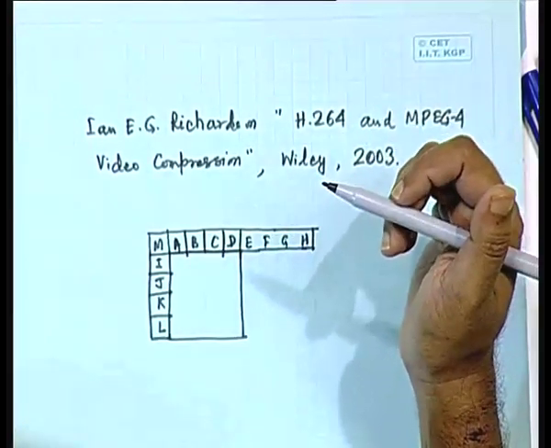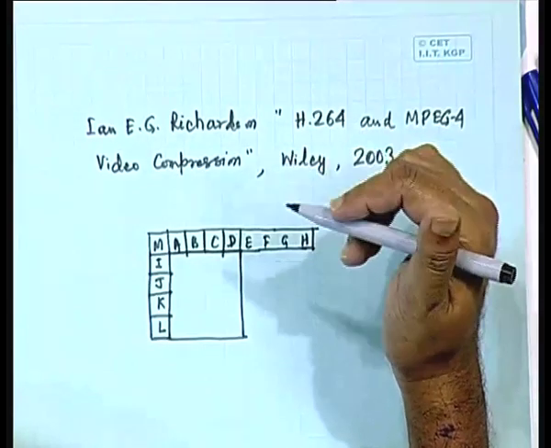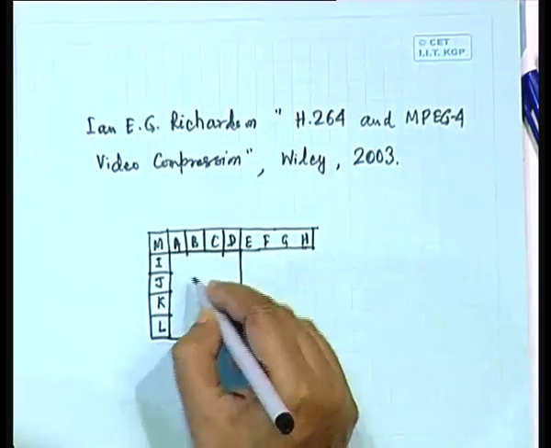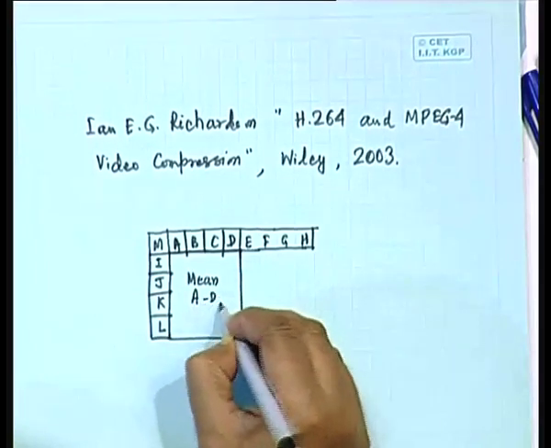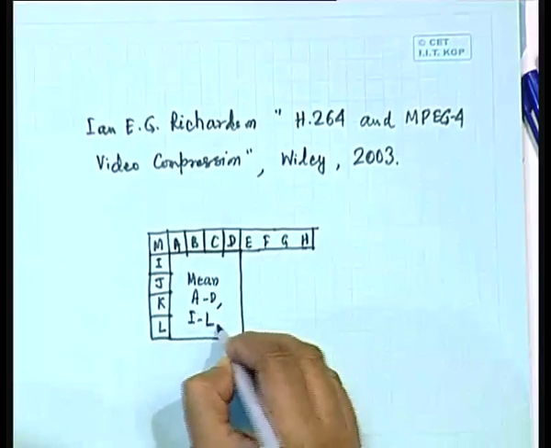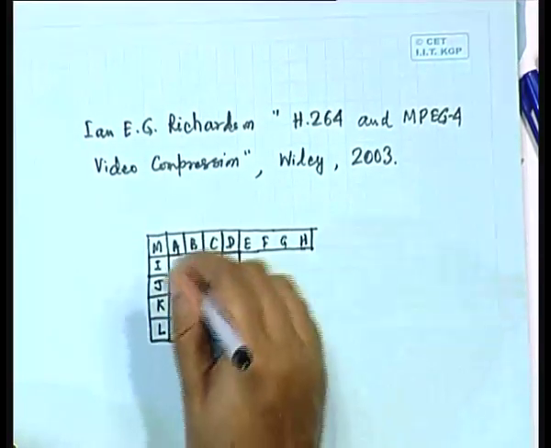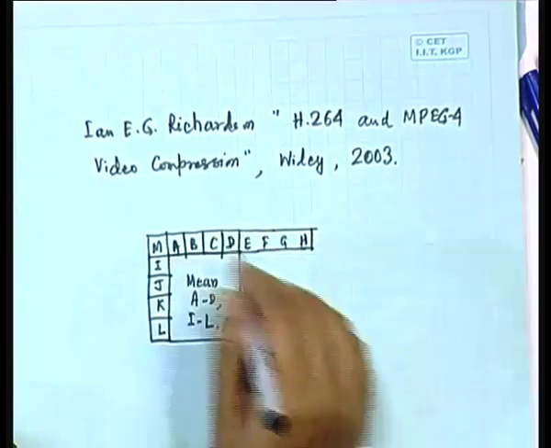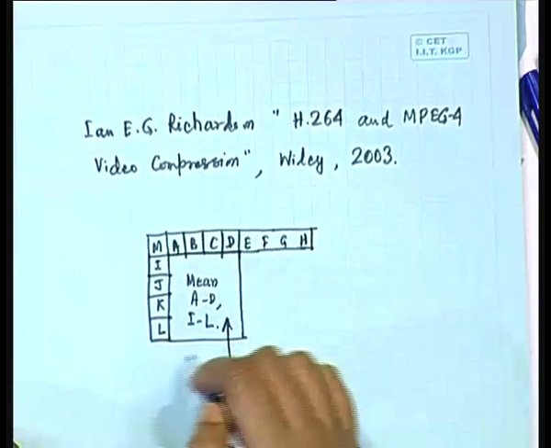Now, in the case of DC prediction, what is being done is that the mean of A to D and I to L is computed. So, the entire 4 by 4 block will have the same value.